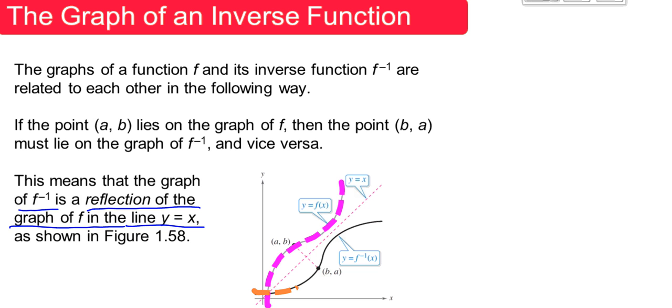And I want you to notice a couple of things that show this. If you draw a little perpendicular line from this point to this point, this distance and that distance are the same. Also, if the function crosses that line y equals x, then the inverse crosses at that point also.